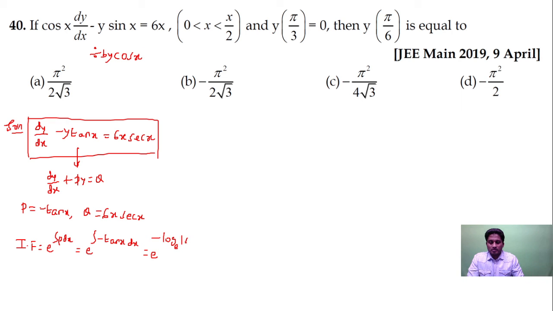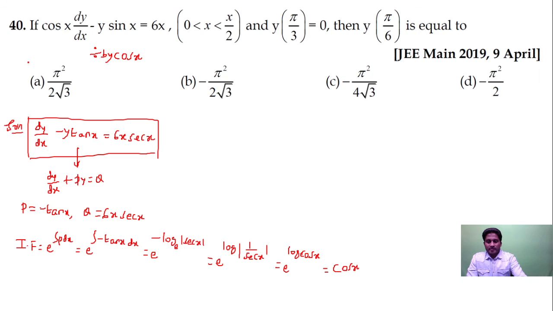So e to the power of minus log sec x will be equal to e to the power log of 1 by sec x, or I can write e to the power log of cos x, and this will be equal to cos x. Now the solution is y into integrating factor is equal to integral q into integrating factor dx plus c.